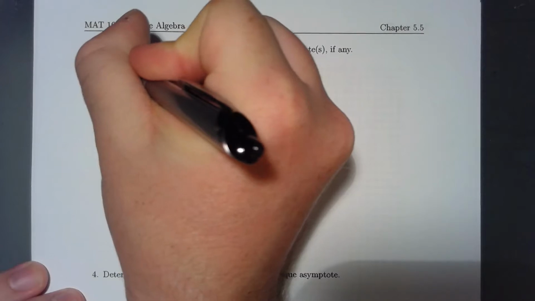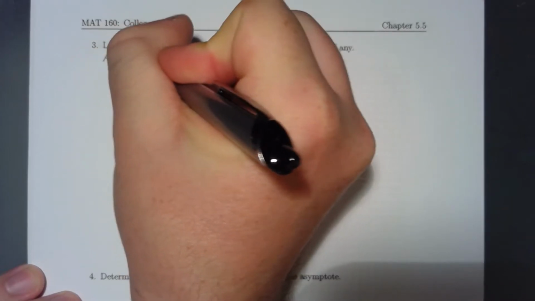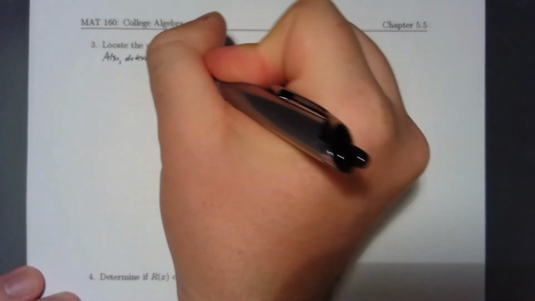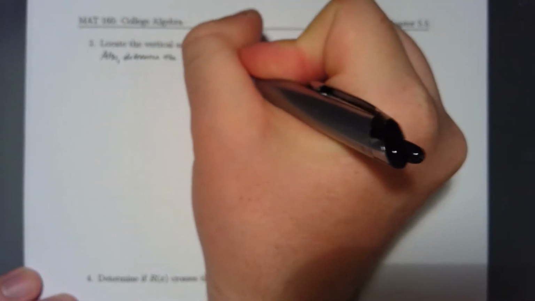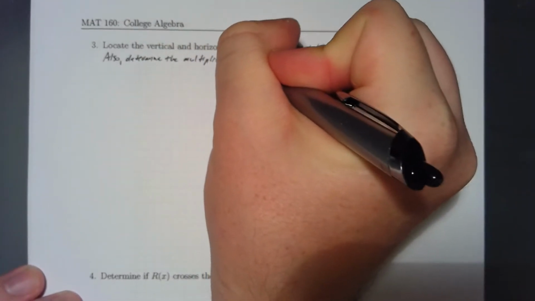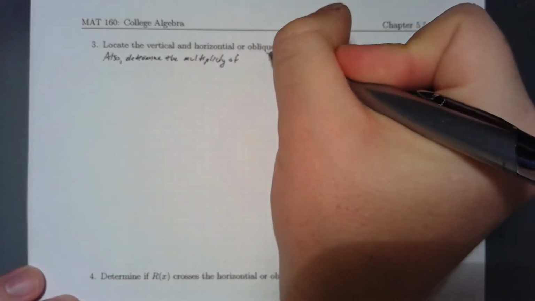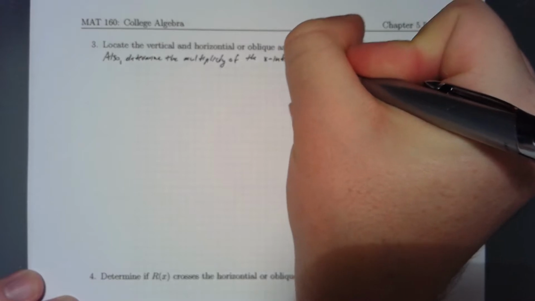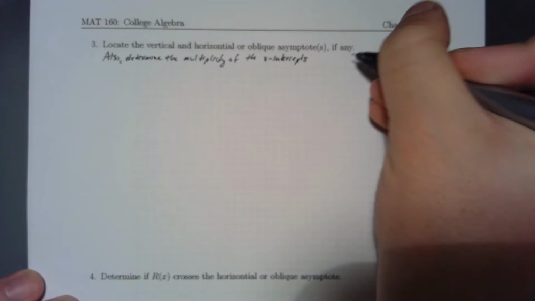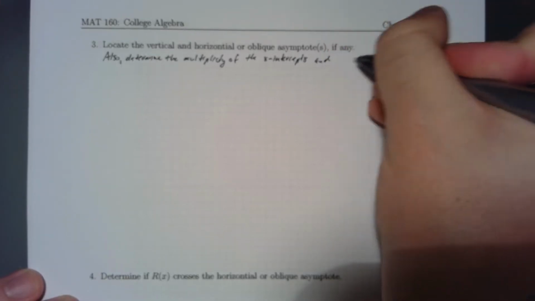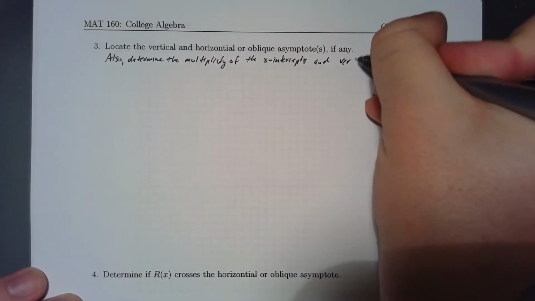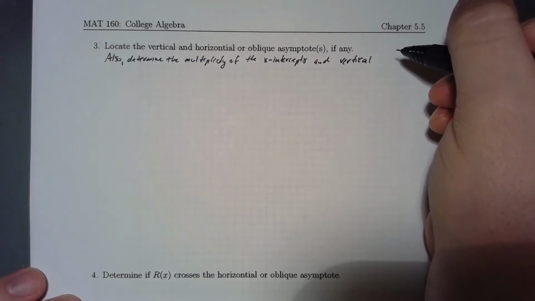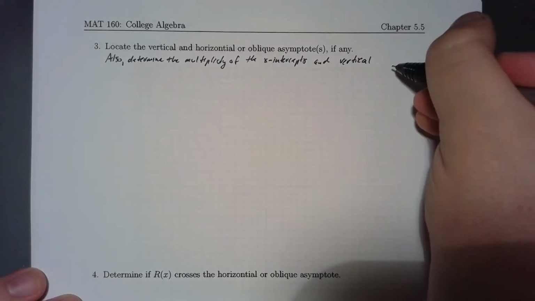Also, determine the multiplicity of the x-intercepts, which are the zeros, and the vertical asymptotes. So I'm going to be determining the multiplicity of the vertical asymptotes and the x-intercepts.